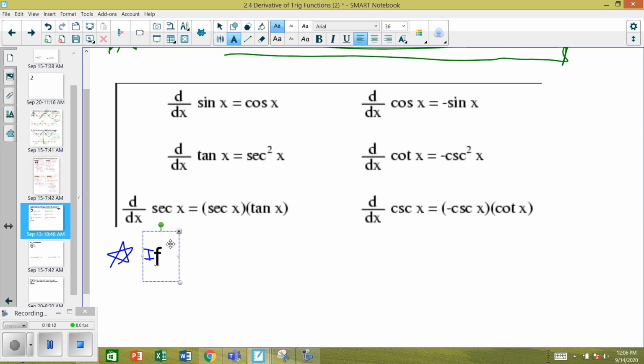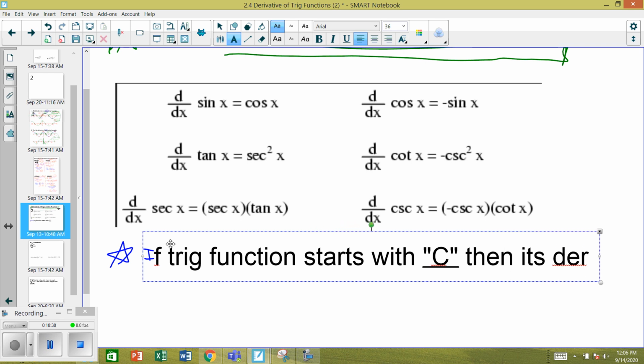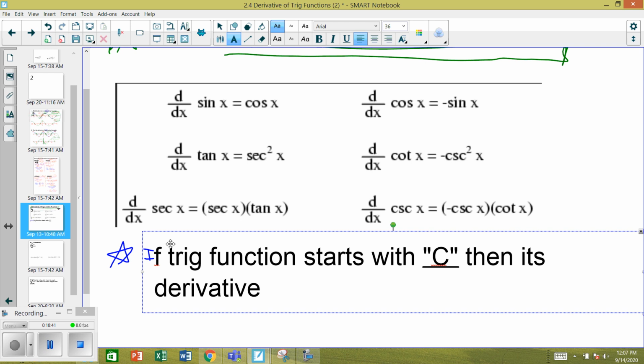If a trig function starts with a C, then its derivative is negative.